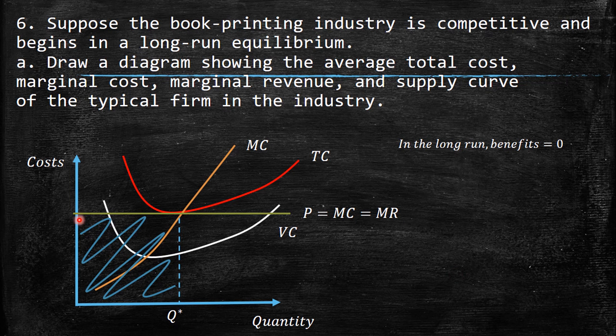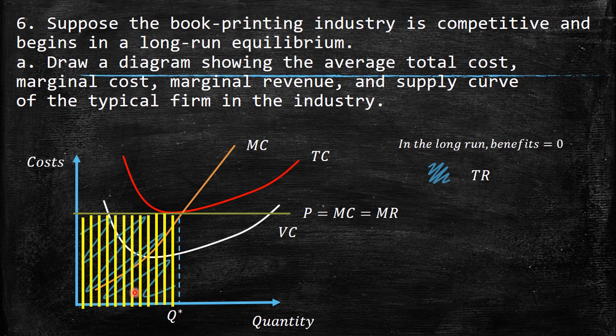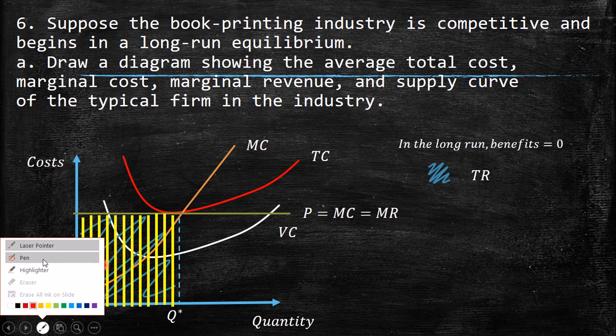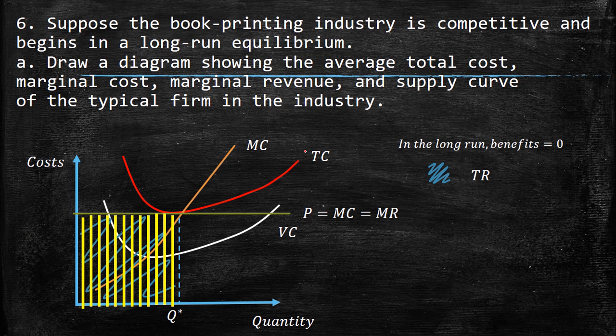Then price times quantity is the total revenue, and this one, the quantity times the average total cost. So let me do something here. It could be better. Here is the average total cost, and remember how we can define it.